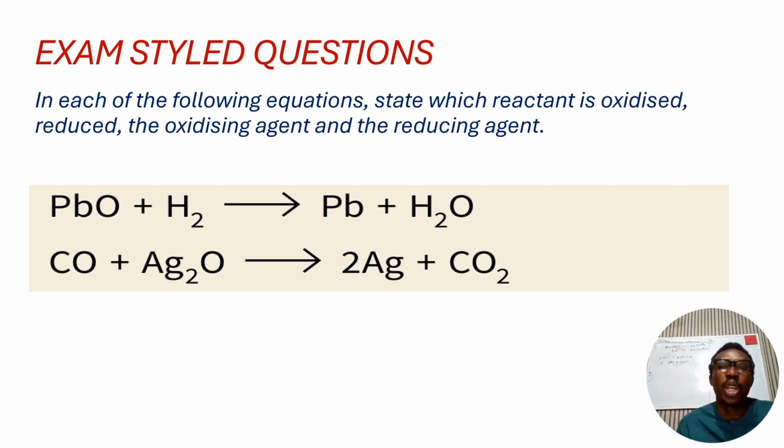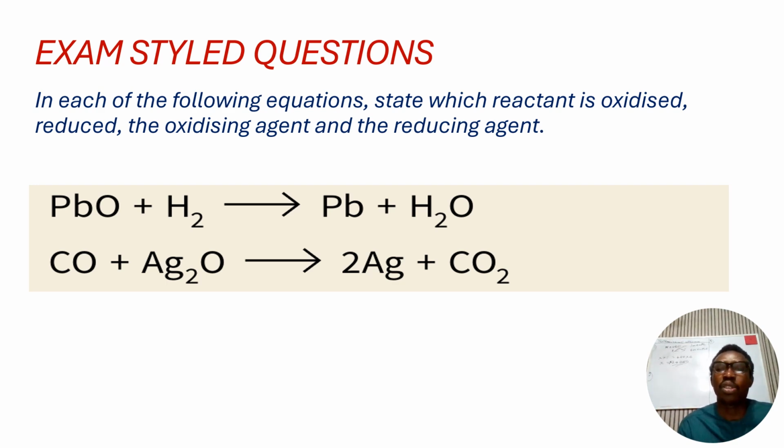So now a typical examination question, an exam style question. In each of the following equations, state which reactant is oxidized, which reactant is reduced, the oxidizing agent and the reducing agent. So we want to identify the reactant that is oxidized and the reactant that is reduced, and the reactant that is the oxidizing agent and the reactant that is the reducing agent. Now, from our previous lecture, we are meant to understand that what?